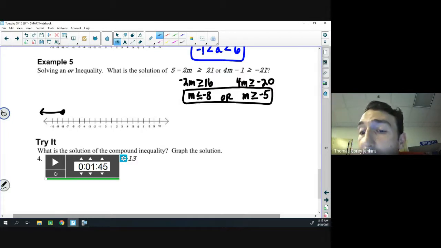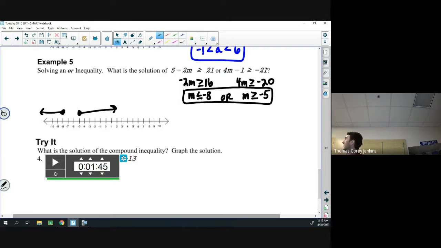For greater than or equal to -5, that's closed on our boundary, -5, and then shade to the right. So that's how an or is different than an and, right? So an or is pretty much the whole number line except for this little space right here. So an or usually will cover more of the number line. It goes out and away, whereas an and is in between, okay?